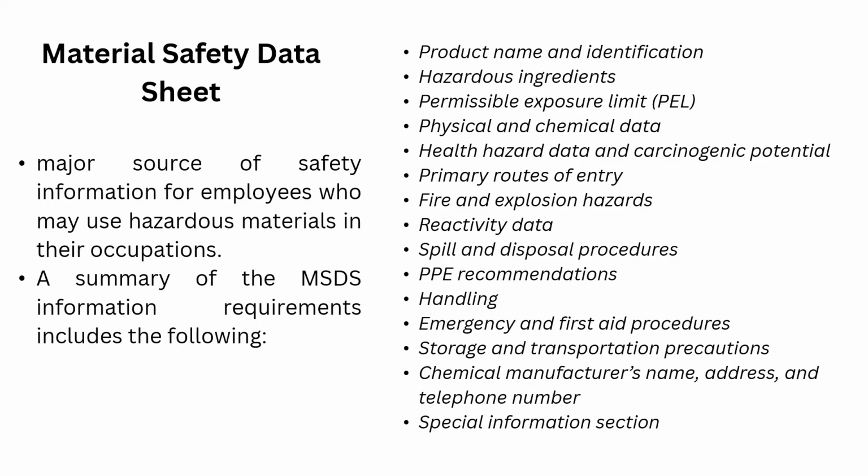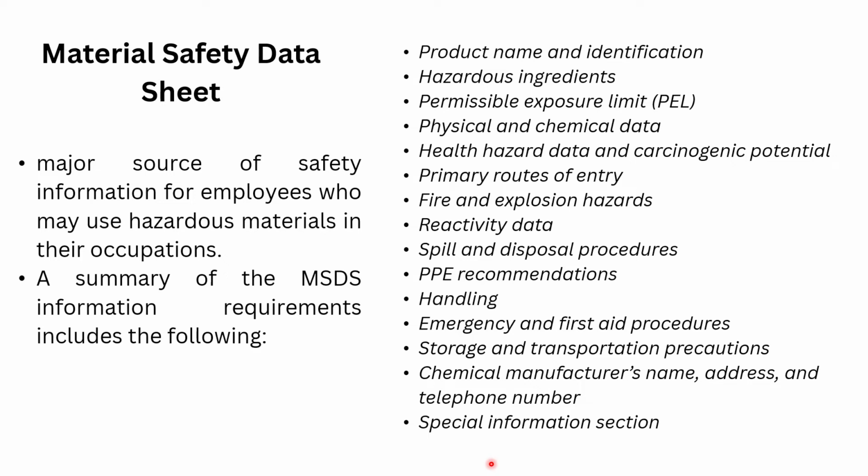The material safety data sheet class, the photo of this is after this slide. So, this is a major source of safety information for employees who may use hazardous materials in their occupation. The employers are responsible for obtaining the safety data sheets from the chemical manufacturer or developing an SDS for each hazardous agent used in the workplace.